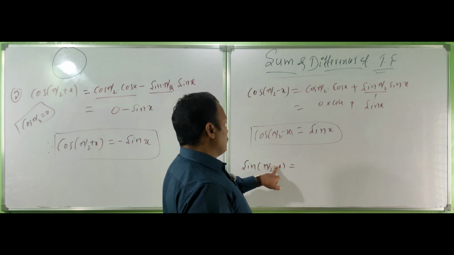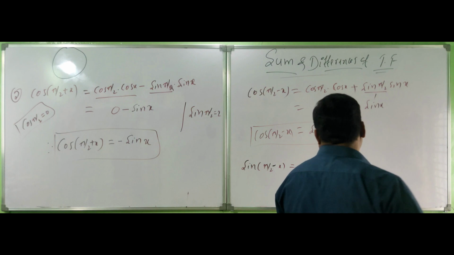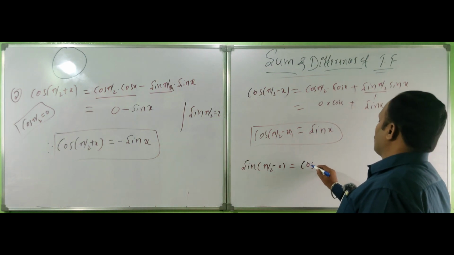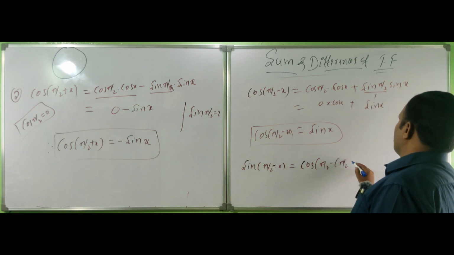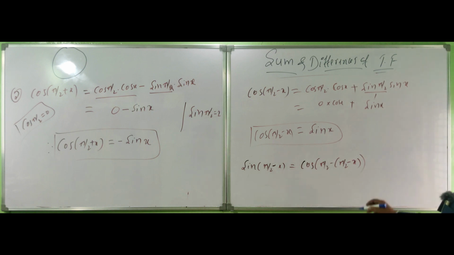I am writing it as cos of pi by 2 minus of pi by 2 minus x, because cos of pi by 2 minus x is equal to sin x.